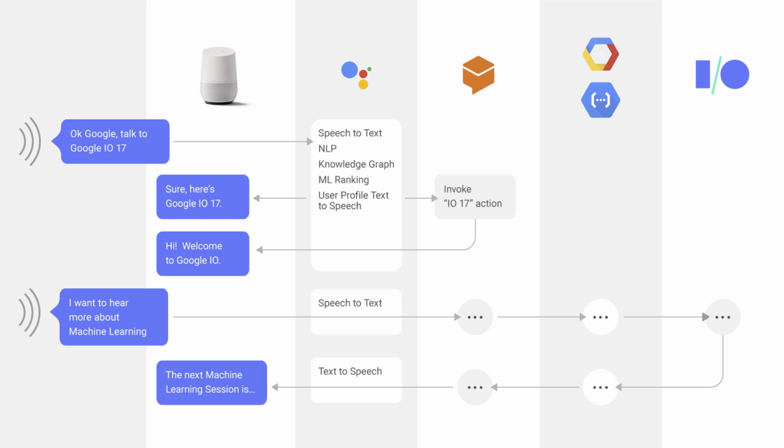So it invokes the I/O app's API.ai agent, and the API.ai agent understands it against an intent that you've defined there. It then calls the webhook to perform business logic to talk to the I/O API and get some data, and formulates a conversational response, which is sent all the way back through to API.ai to the Assistant and out to the user.